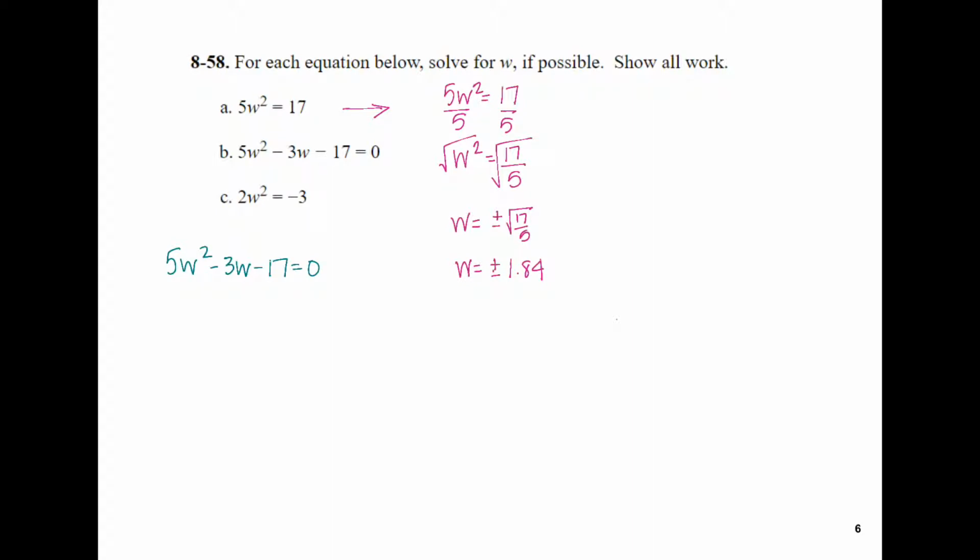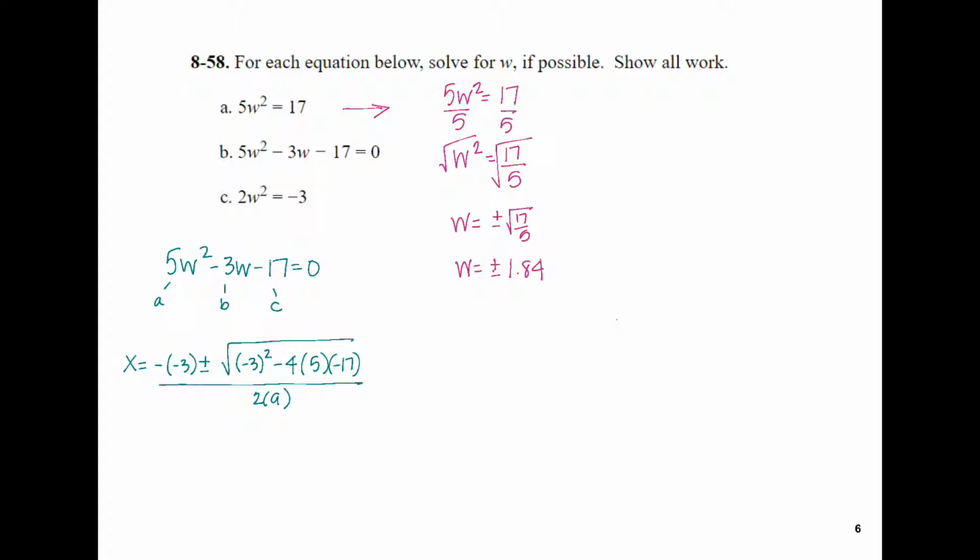So x equals, I can label my A, my B, and my C. X equals negative B plus or minus the square root of B squared minus 4 times A times C all over 2A.